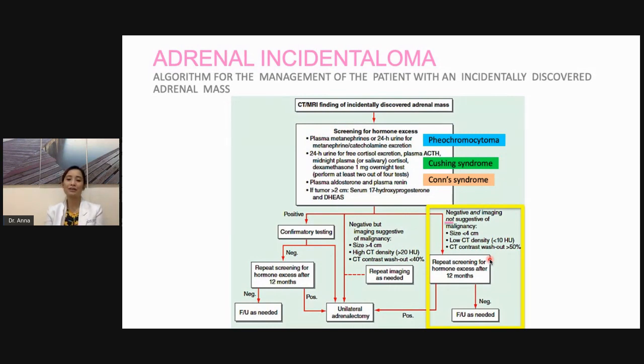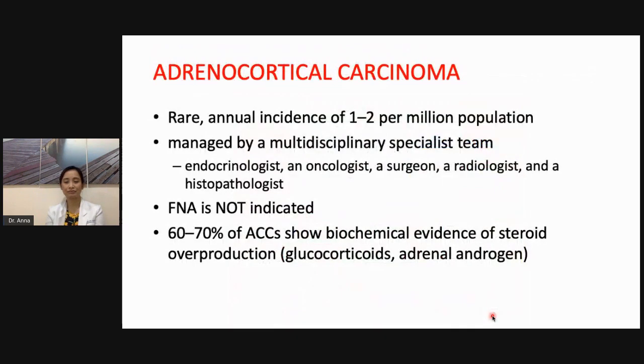If the screening tests are negative again and the tumor is not significantly growing, then you just follow them up as needed if there are any new symptoms that happen to the patient.